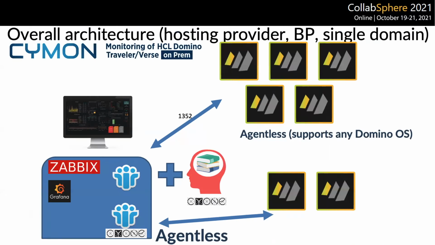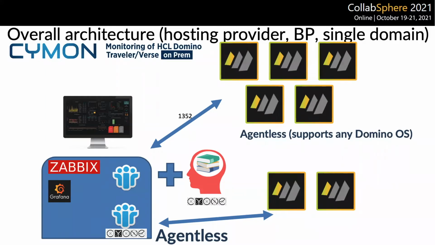When we talk about architecture, it's really important to understand how it works. We are proud that our monitoring is completely agentless. So we don't need to install anything on Domino, because in an enterprise we try not to install third-party software, since we don't know how it will impact our running production server.